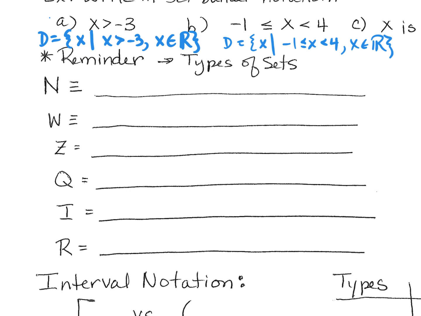N. Anybody know what N stands for? Natural numbers. Do you remember these from like algebra, math? These are the natural numbers. These are numbers you can actually see, feel, count.